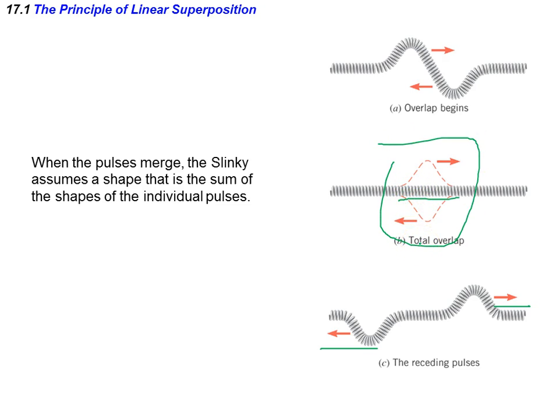The waves are interfering with each other, and when we add the amplitudes together, one's positive, one's negative, then they cancel out. And it's only momentarily that they cancel out. But they do cancel out, and the slinky has no amplitude at that moment as the wave fronts pass by.